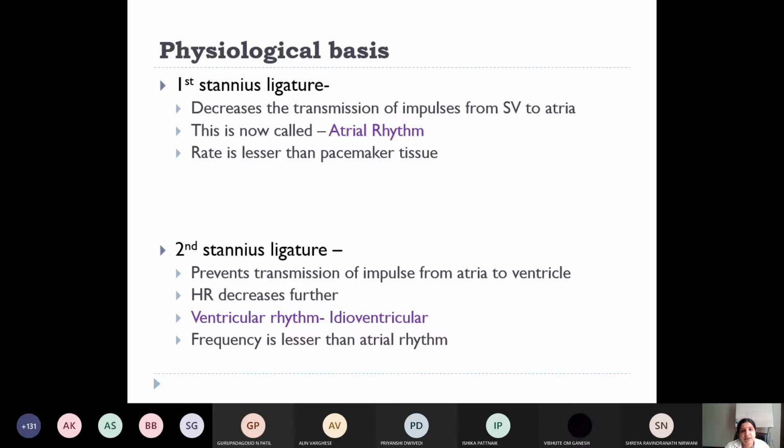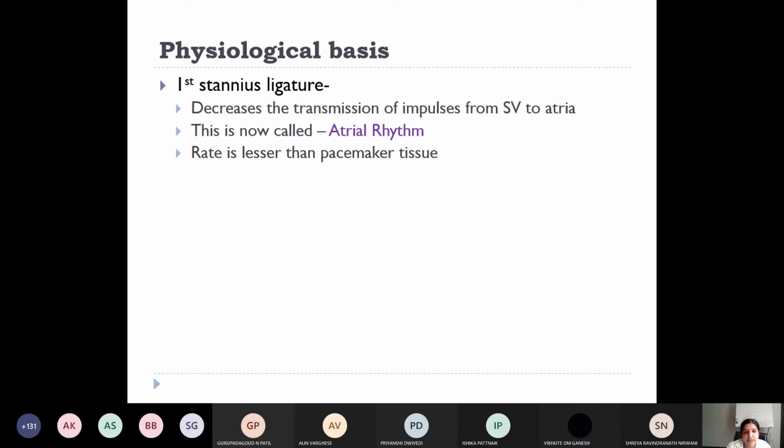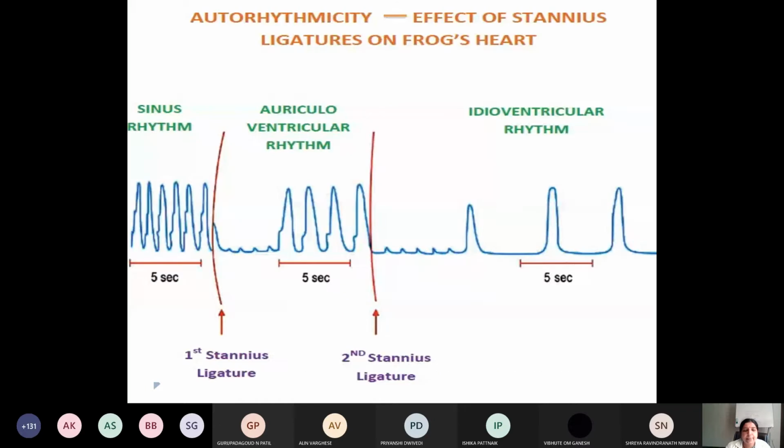Here again you are tying a ligature between the atria and ventricle, and this further prevents the transmission of impulse from atria to ventricle. So there is a further decrease in heart rate, and that's why the idioventricular rhythm cardiogram is again slower in pattern. So the frequency is lesser still compared to the first Stannius ligature. With this I will show in the graph again.